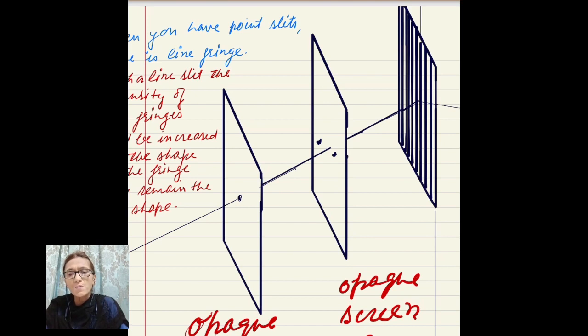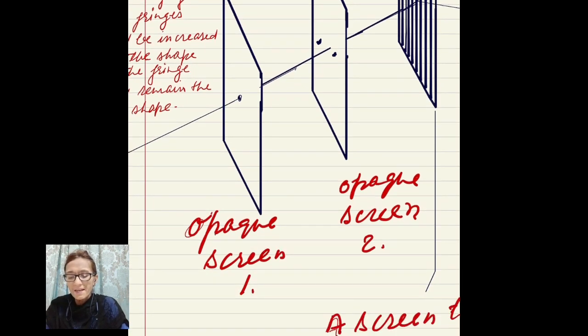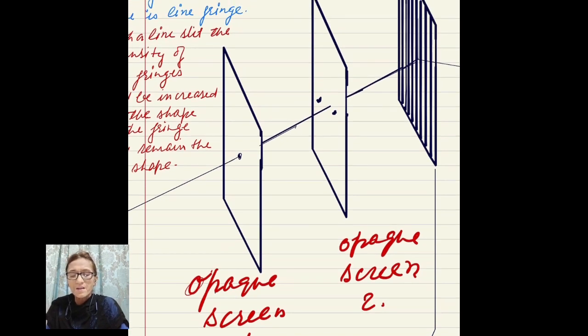For that he took 3 screens, 2 opaque screens parallelly placed, and a third screen on which he had to obtain the interference pattern. So in the first screen he made one single slit, which is perpendicular to this axis, the horizontal axis passing through all the 3 perpendicular planes.